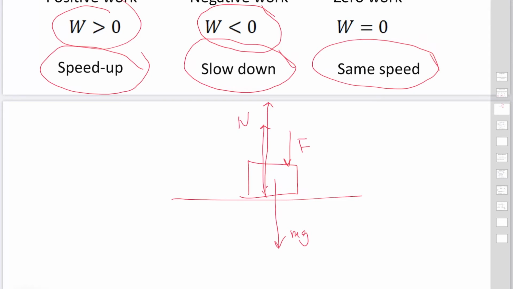Then the total force becomes zero. So even if an extra force is acting on the object, the normal force increases to make the net force zero. Then we can apply Newton's first law. The result is a constant velocity, the same speed.